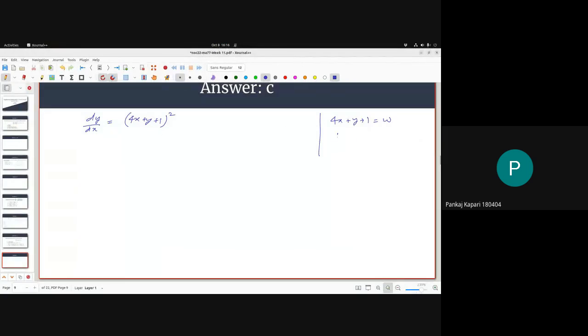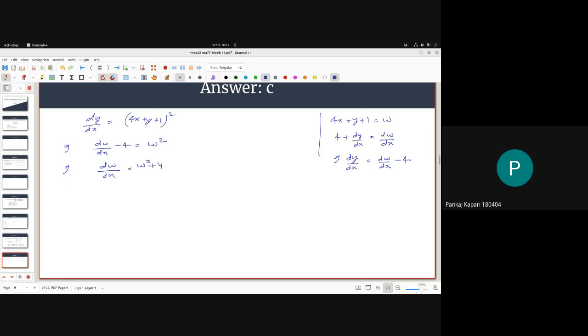If you differentiate it with respect to x, then we'll have 4 plus dy by dx is equal to dw by dx, and that will give us that dy by dx is equal to dw by dx minus 4. So we can write this given differential equation in terms of this new dependent variable. Instead of dy by dx, we have dw by dx minus 4, and this is equal to w square. So this will become dw by dx is equal to w square plus 4.